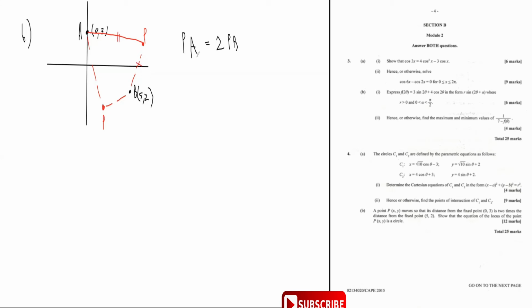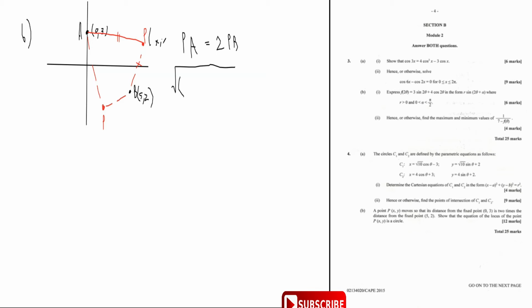All right, so now let's use, we know how to find the distance between two points. Going back to C-sec maths, it's the square root of x1 minus x2 all squared. So, P is the point (x, y), all right?